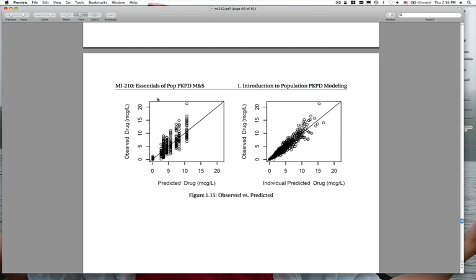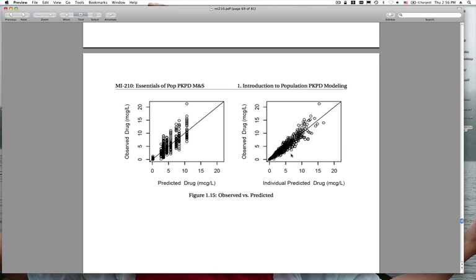We can look at observed versus predicted values, observed versus population typical prediction, that's usually called observed versus pred, or observed versus individual specific predictions, which is observed versus IPRED. The difference between these two plots is that the one on the left is evaluated at eta equal to 0 for the model prediction.